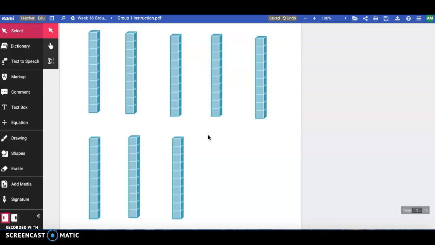Let's count this together. 10, 20, 30, 40, 50, 60, 70, 80. We have 80 cubes.